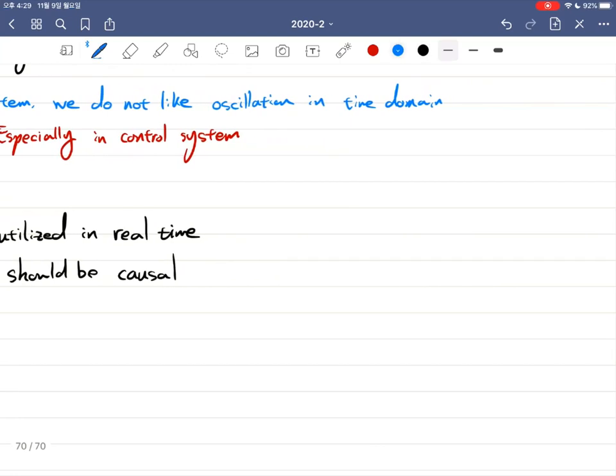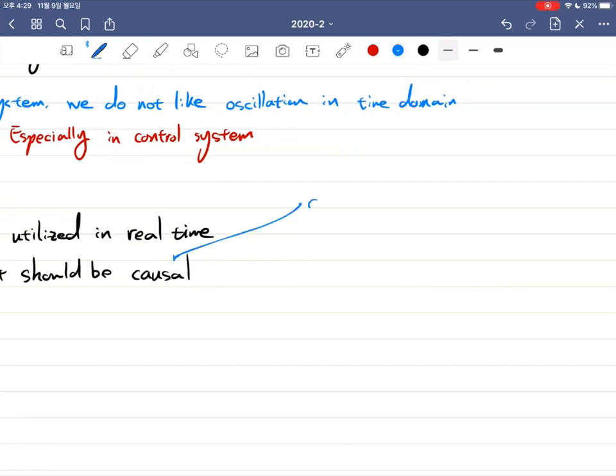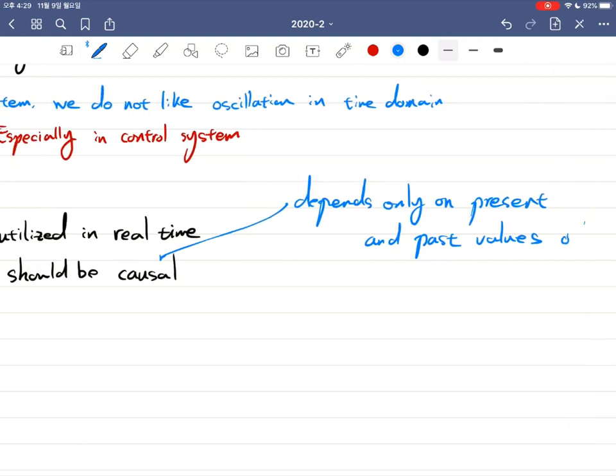So causal means that the system depends only on present and past values of the input of the system, remember? We did this since chapter 4.